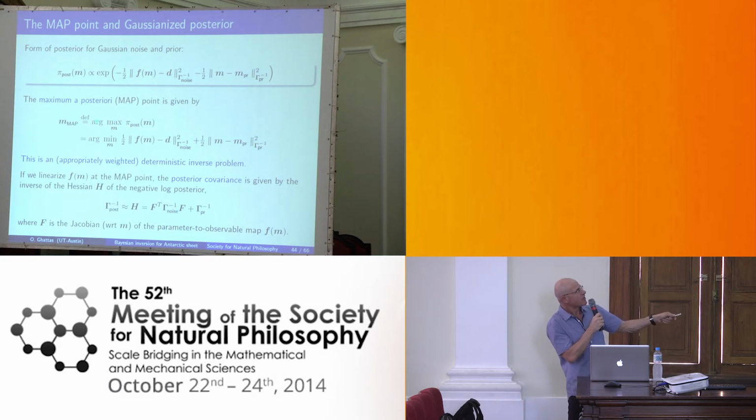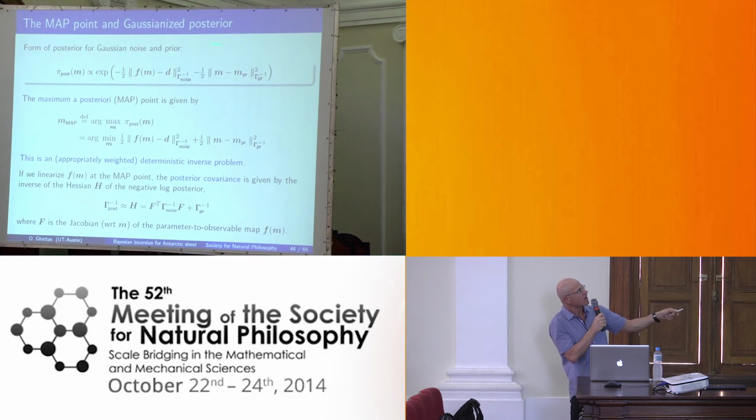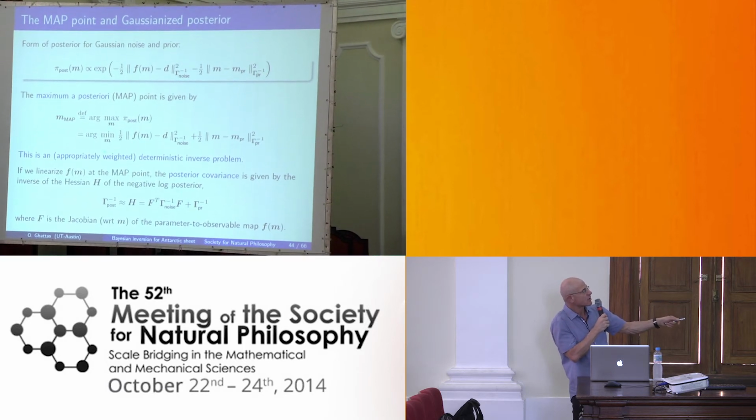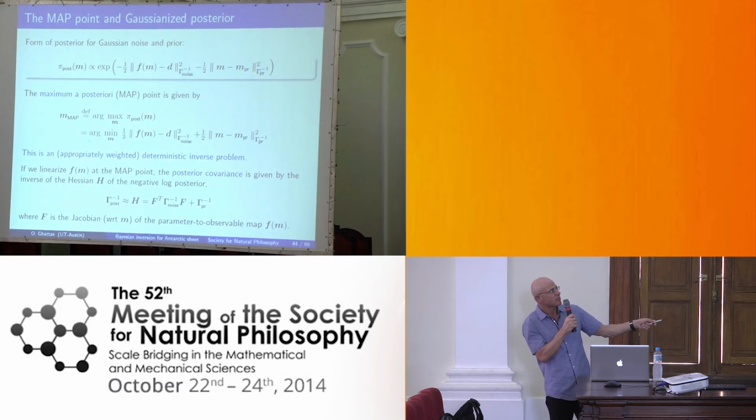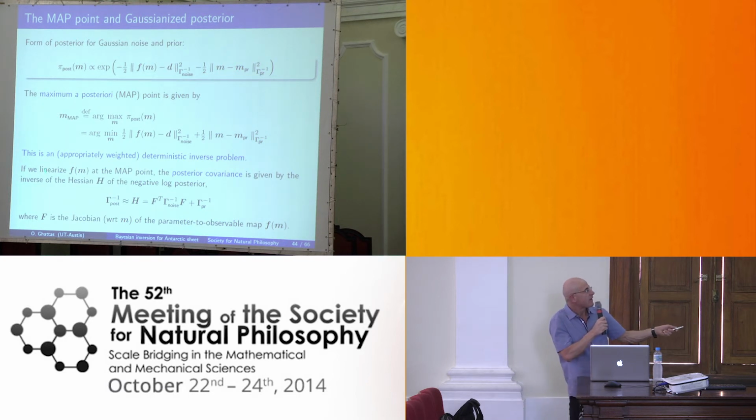That's the equivalent of minimizing the negative log of the argument, which looks a lot like a deterministic inverse problem, except it's weighted by the inverse of the noise covariance and the confidence we have in the prior model parameters. And so this is an appropriately weighted deterministic inverse problem.